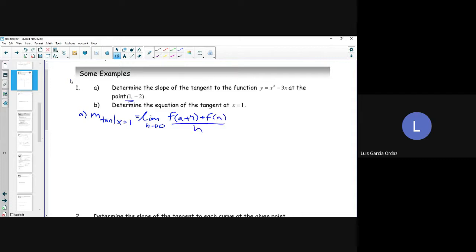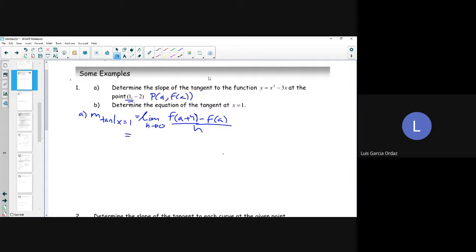Okay, sorry, minus h, my mistake. So remember our point P is written as A and f of A. In order for me to continue, I'm going to plug in the number 1 wherever I see A in the bracket.